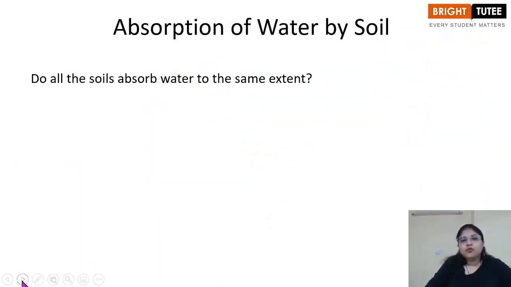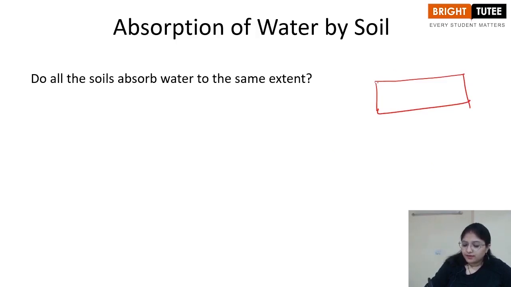Now, absorption of water by the soil. The first question that we are going to address is: do all the soils absorb water to the same extent? Now understand, when we are talking about absorption of water by the soil and when we think about percolation of water, there is a little difference. What is that difference? Suppose this is a block of soil, right?